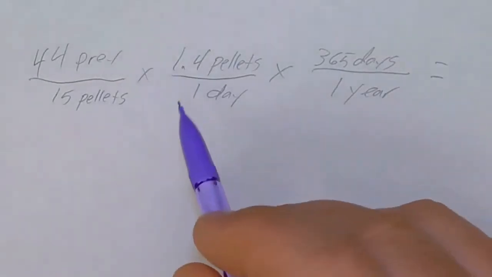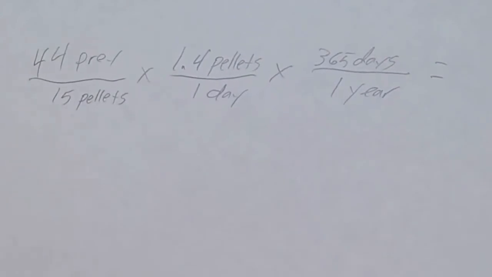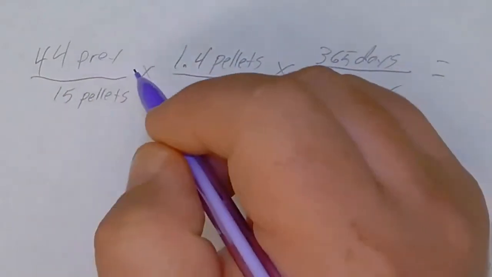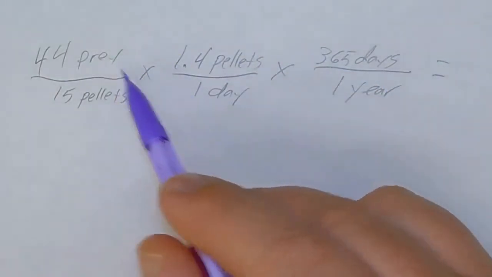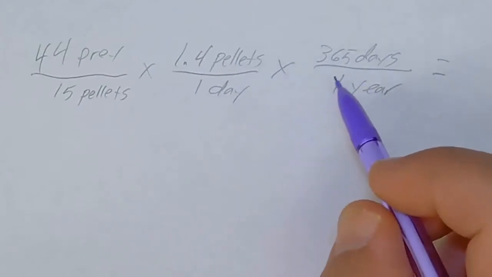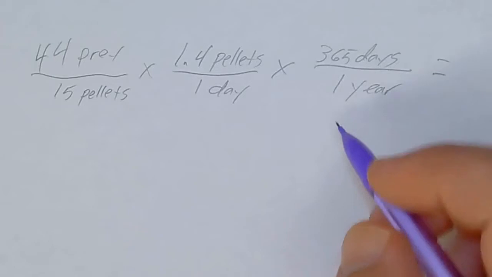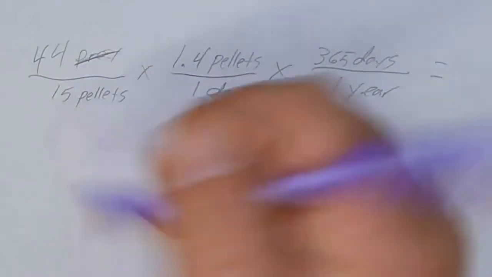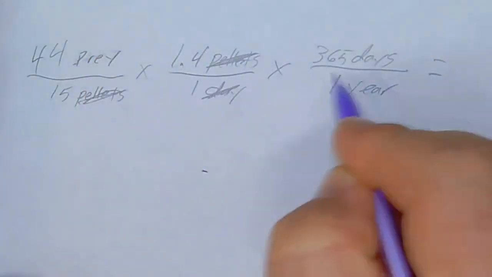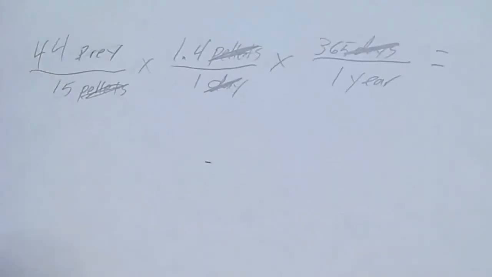So you can see if we set it up this way, we'll still get a very similar answer. We won't get the exact same answer, but we'll get the same answer as the spreadsheet. So we have our 44 prey times 1.4 pellets for 1 day, times 365 days in 1 year. So we cross out prey, this is why they make erasers. We cross out pellets, days, and our unit will be prey per year.